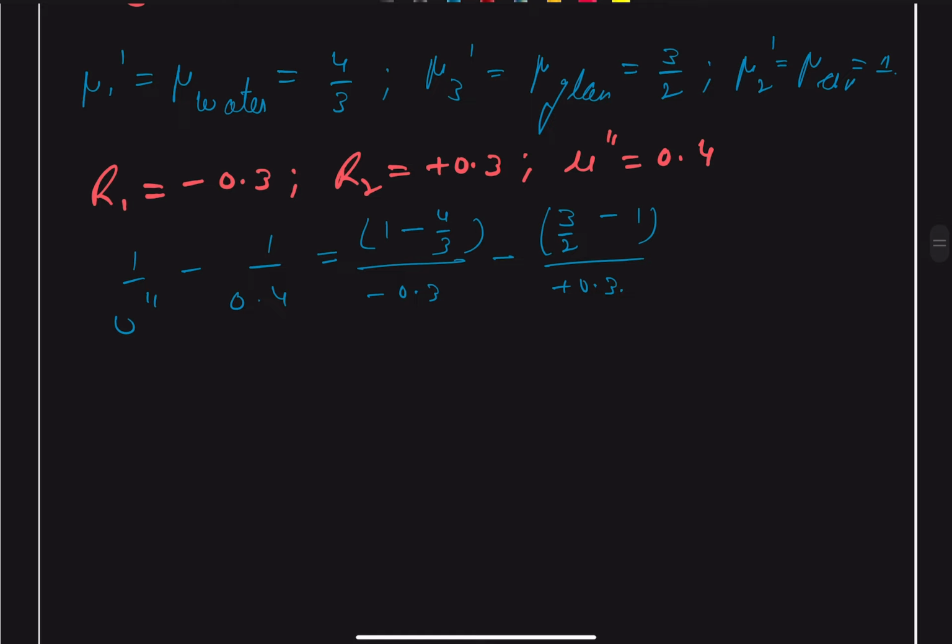So this gives us that our v double prime will be equal to 0.9 meters.